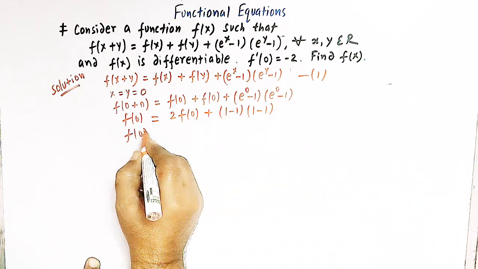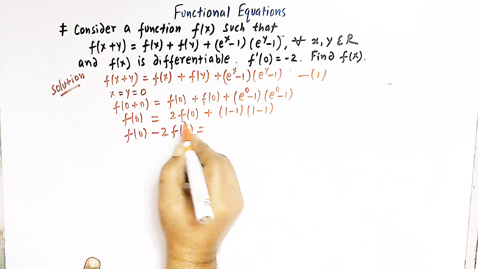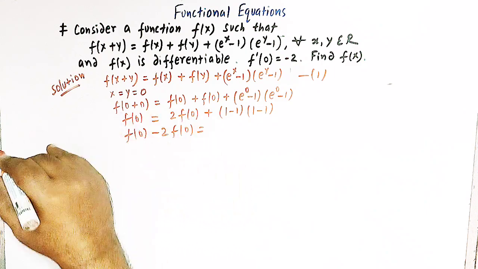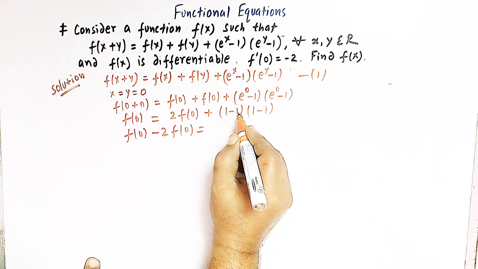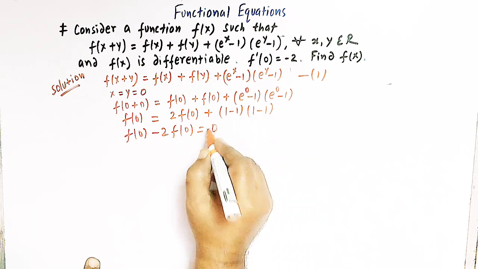Taking 2 times f of 0 to the left hand side, this is 1 minus 1, which is 0, so we have 0.